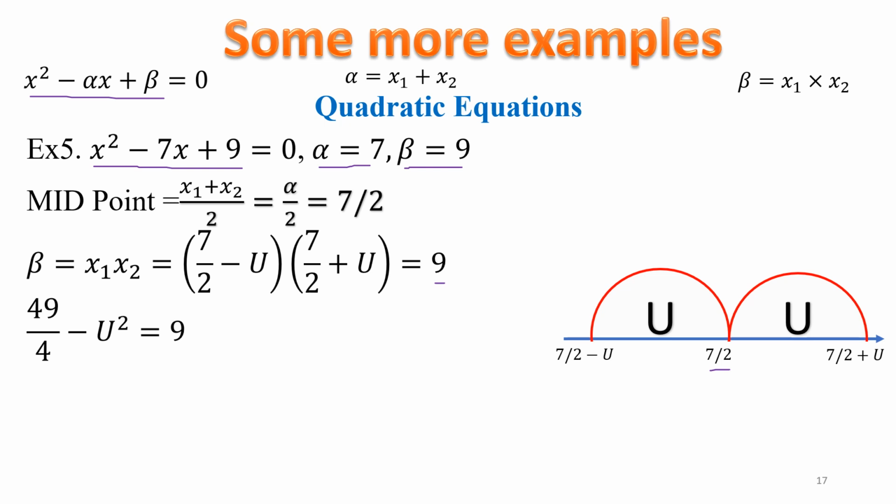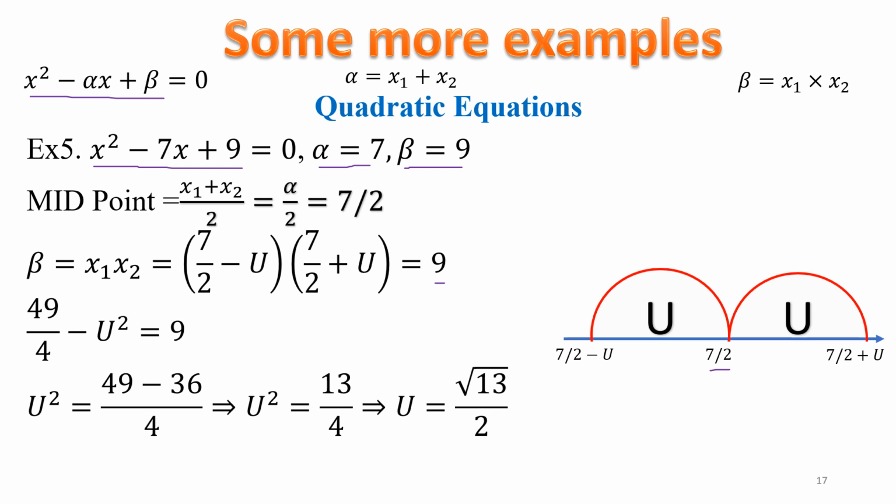So here the toughest part is to find square root of u. Here you can rearrange the equation for u square, and u square is 13 by 4, and u is equal to under root 13 by 2. Now the roots of the equation are 7 minus under root 13 by 2, 7 plus under root 13 by 2.